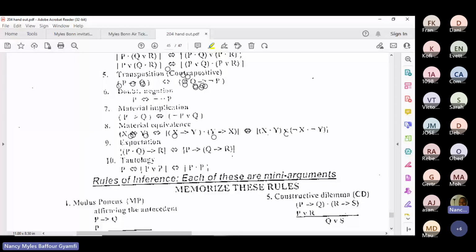Let me see if you got it. If I say A conditional Y, by contrapositive, what will it become? I want a chorus answer. A conditional Y will become what?